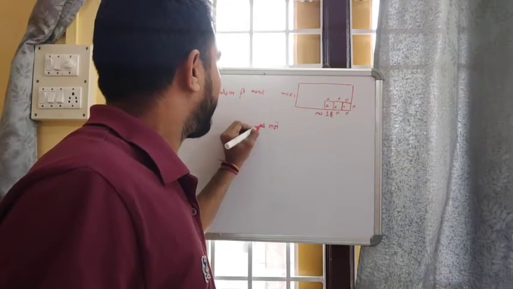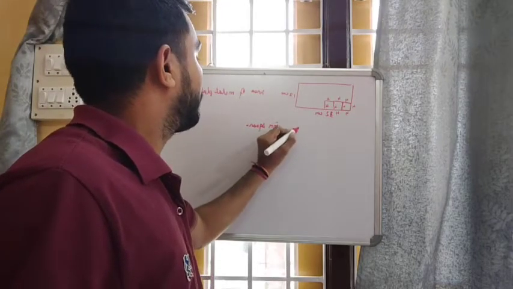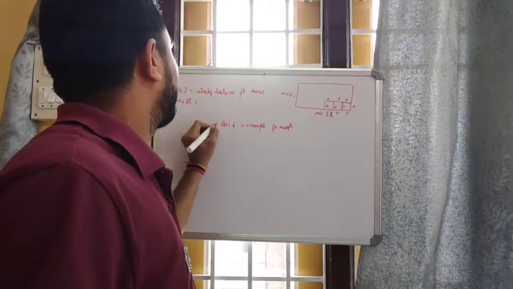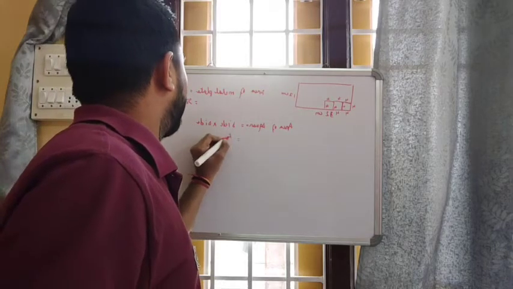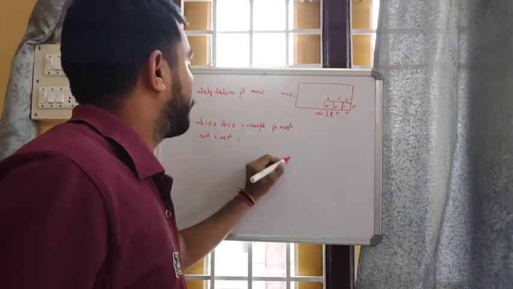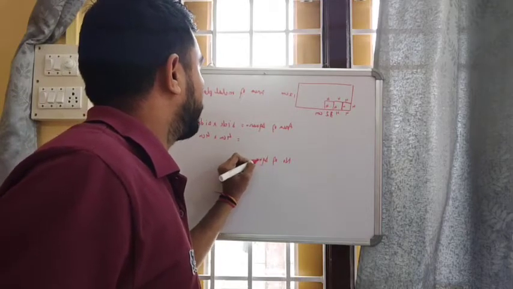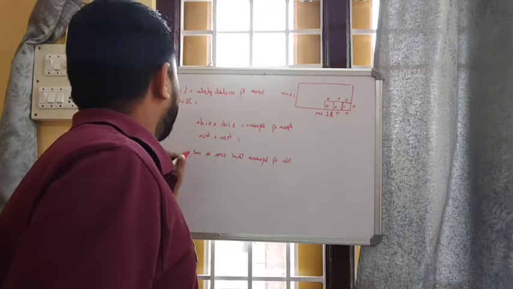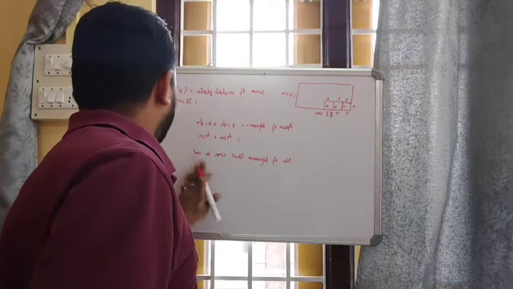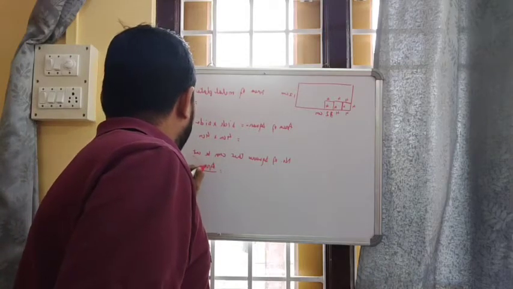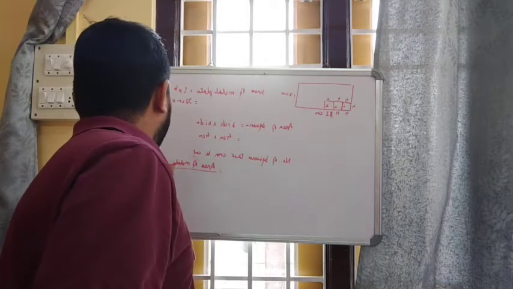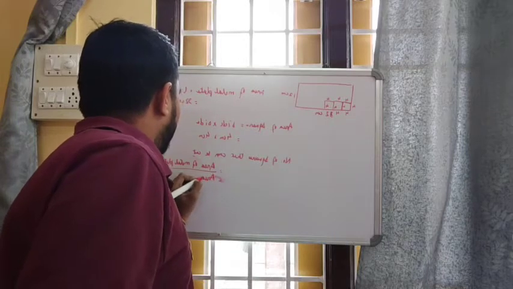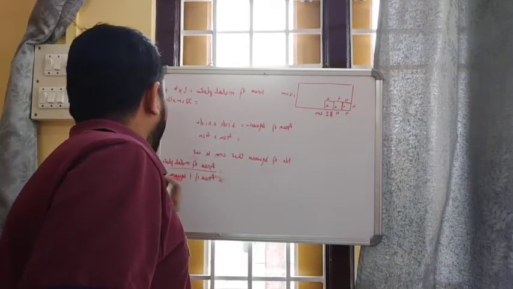For the square, area of square will be side into side. That is 4 centimeter into 4 centimeter. So the number of squares that can be cut is equal to the area of the metal plate divided by the area of one square.